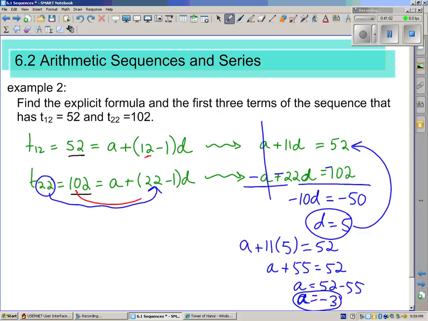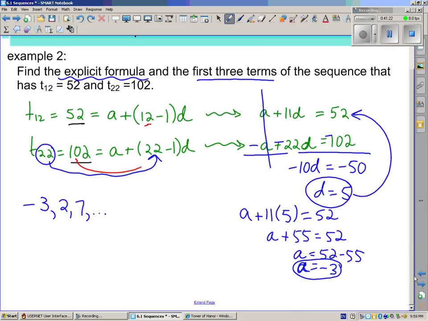D is 5. Can I find the first three terms? You betcha. Negative 3. Add 5. Add 5. And so on. So I found the first three terms. Can I now find the explicit formula? The explicit formula would say, d sub n is equal to a plus n minus 1 d.